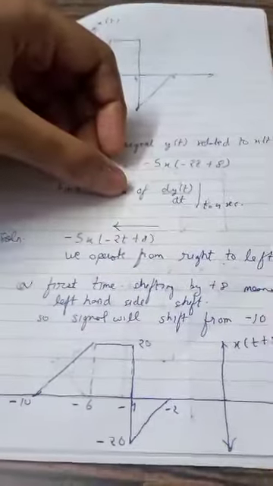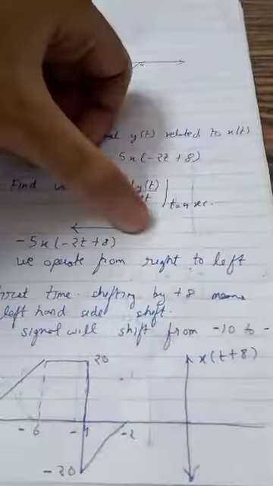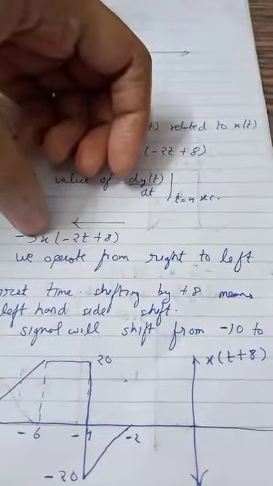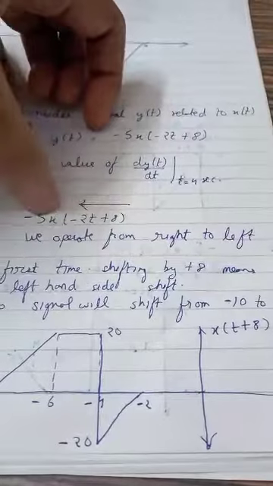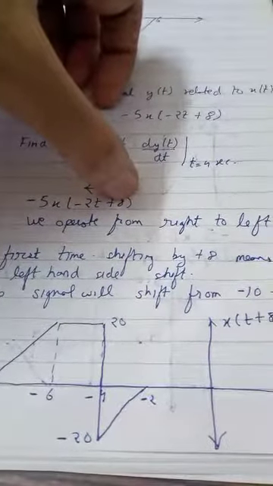The best method for this is to operate from right to left. So the first operation is the time shifting. Ignore all of these and first just concentrate on this plus 8.